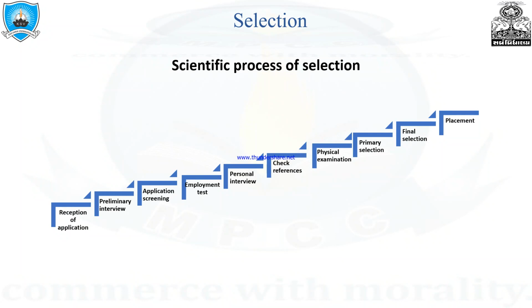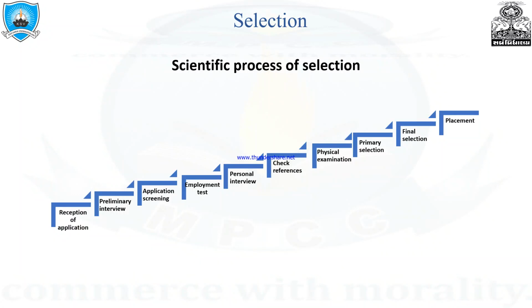after that, physical examination. The basic purpose of the physical examination is to determine the candidate's physical and mental ability and fitness. This is beneficial to the employee as well as the employer. Next step, primary or preliminary selection.